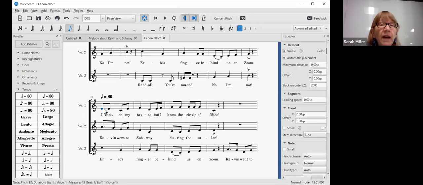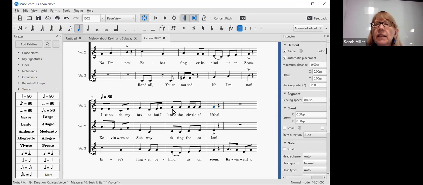I can't do my taxes, but I know the circle of fifths. If we want to have a circle of fifths, we could go to the B to make it a G chord, right? Or we could stay on G.